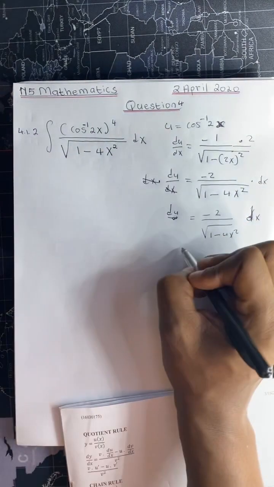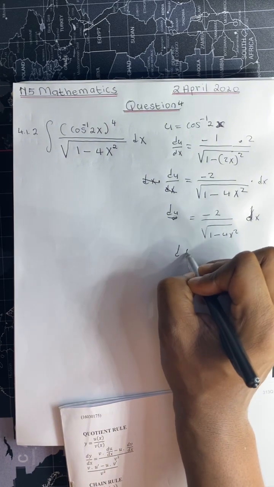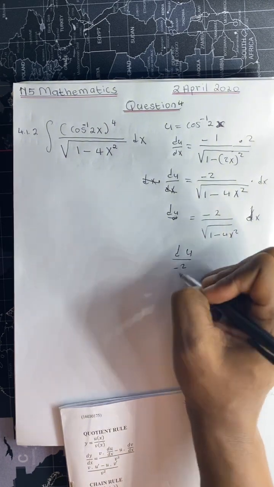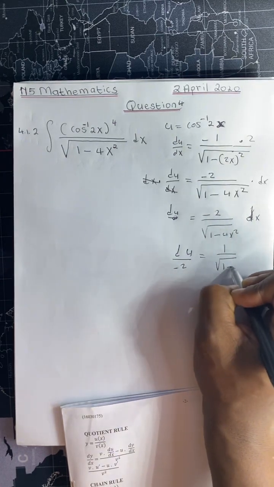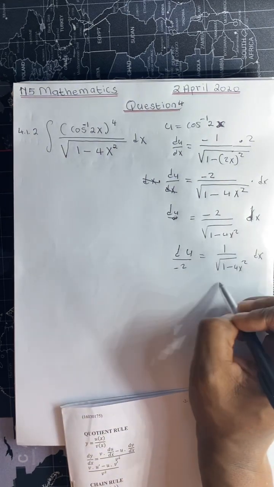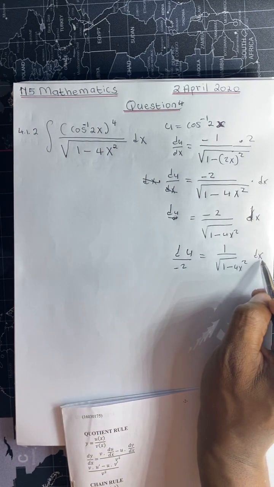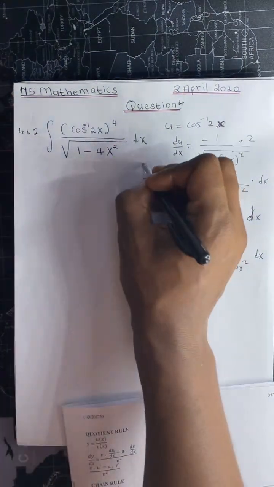So we divide both sides by negative 2, and du over negative 2 will be equal to 1 over the square root of 1 minus 4x squared dx. So in the place of 1 over the square root of 1 minus 4x squared dx, we'll substitute du over negative 2.